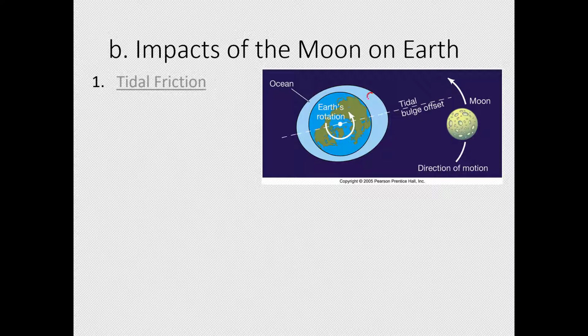This one is the gravitational bulge. And then the one on the opposite side of the Earth is called the centripetal bulge. Why are these words so long?